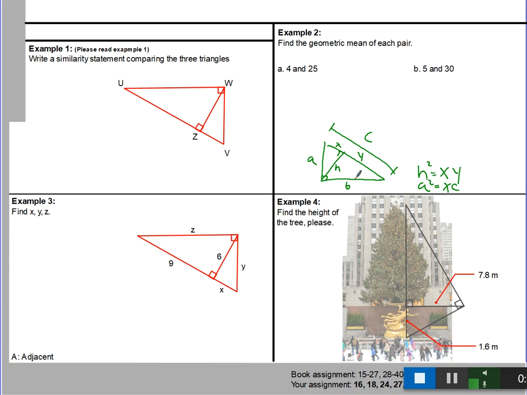All right, so step one, write a similarity statement comparing three triangles. Well, sometimes it's a little bit easier to draw all the triangles oriented the same way. I'm not going to redraw the large one because it's already there. Let's take the second largest, and I will draw it in the same direction that the large triangle is drawn here.